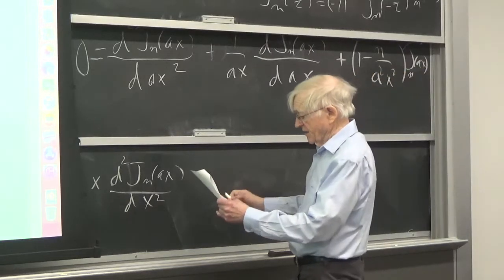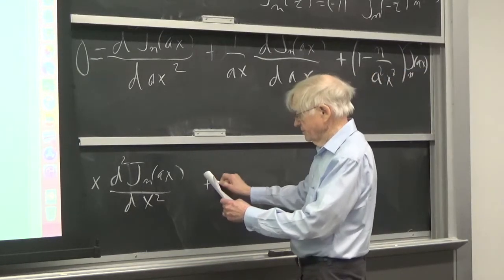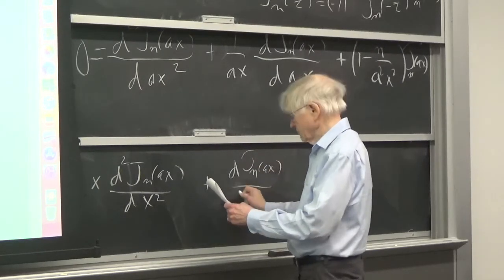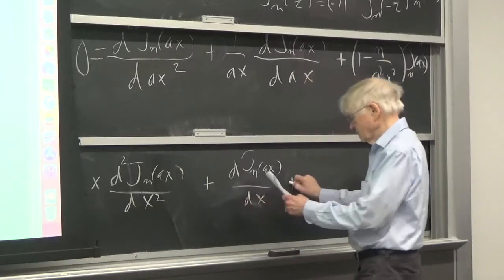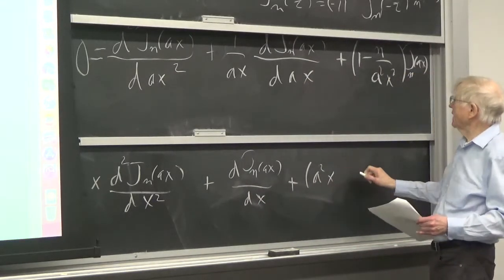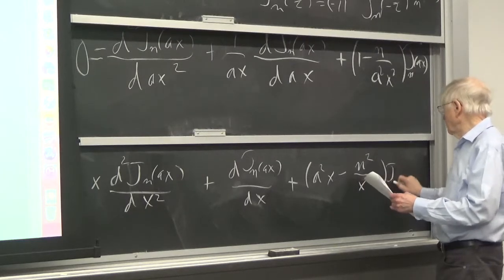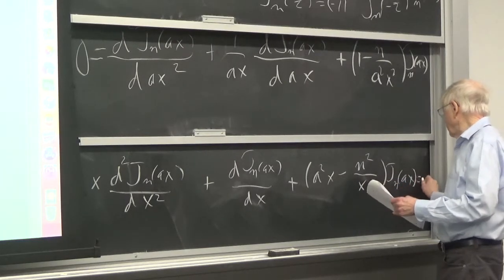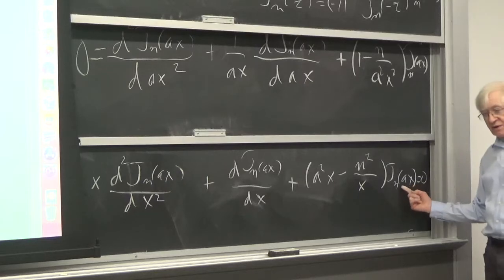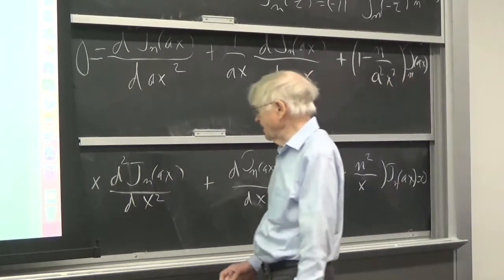And that gives us, so 1 just becomes a squared x, and this becomes minus n squared over x Jn of ax equals 0. So that's Bessel's equation with a parameter a scaling the independent variable.